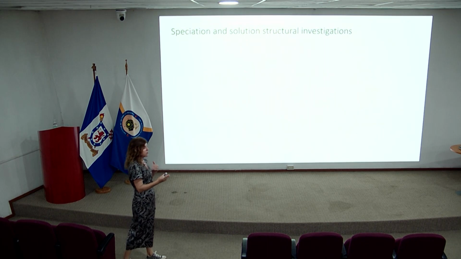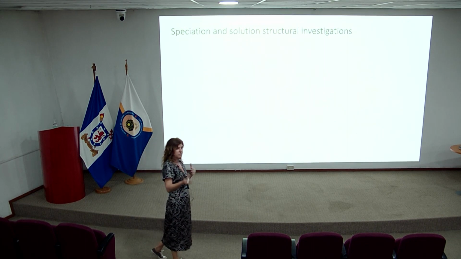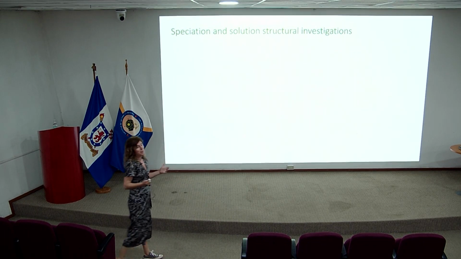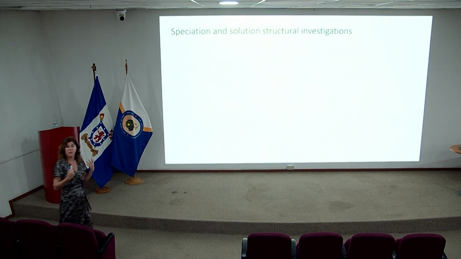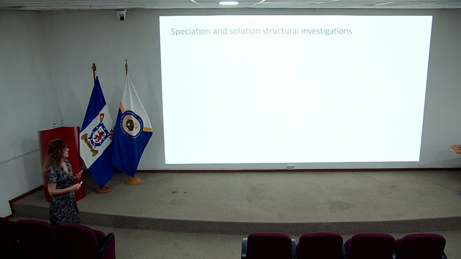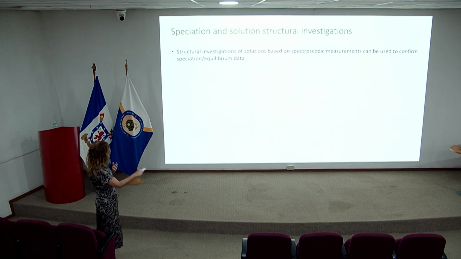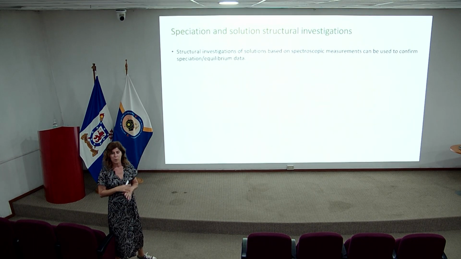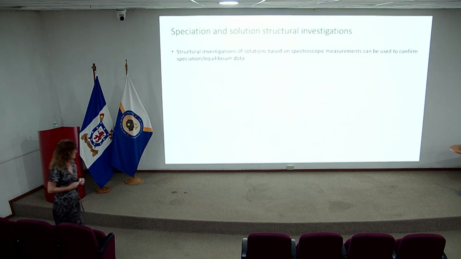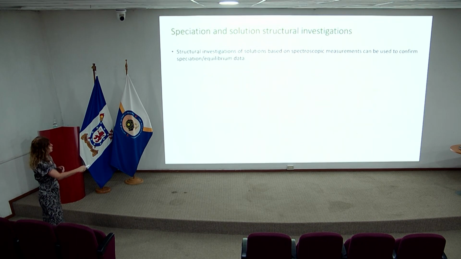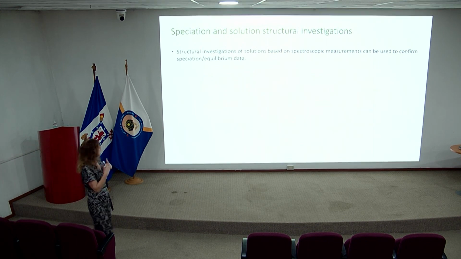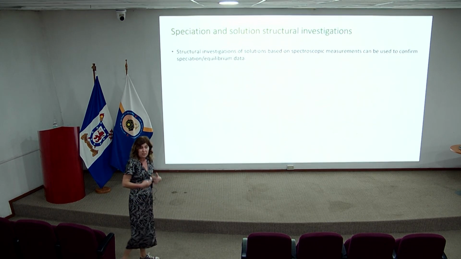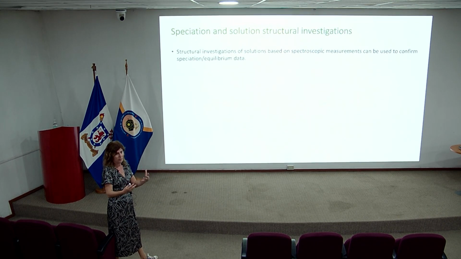And this involves simply protonation states. We cannot do just that. We need to somehow corroborate spectroscopically what happens, okay? And so speciation and solution structural investigations are always done together. Typically we use spectroscopy to confirm the speciation that we proposed, because we are the ones who suggest a model, okay?